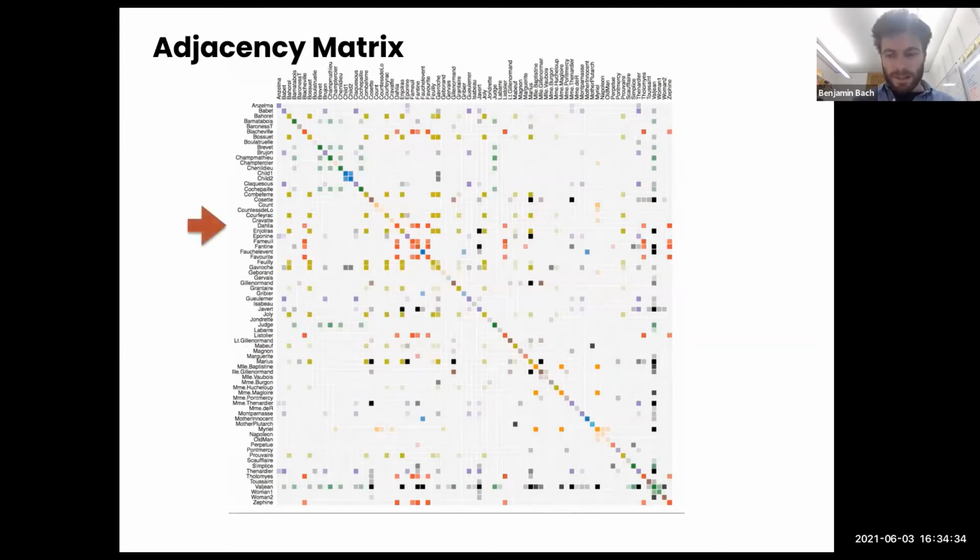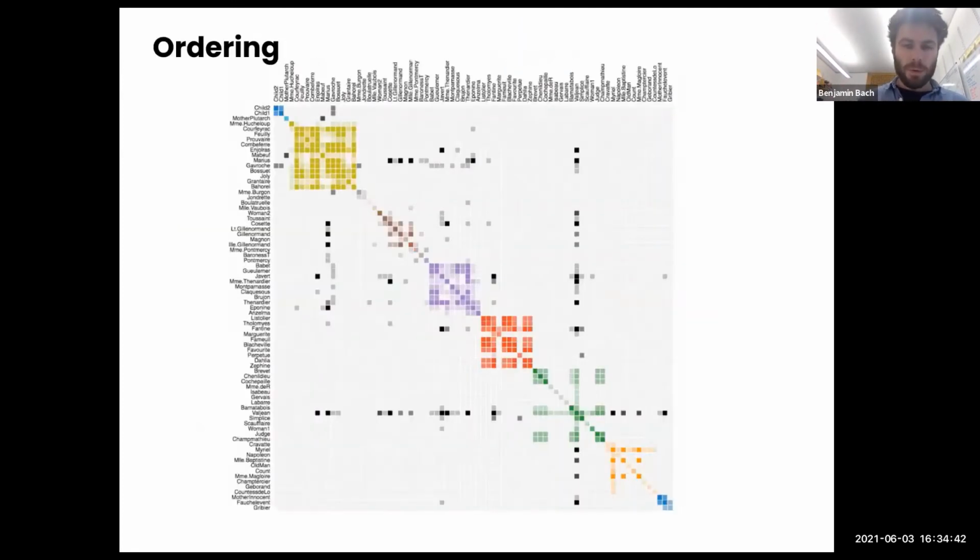And once this is done, so I'm just showing you that these two nodes are connected, which is quite hard to see. But once the matrix is optimized, we end up with something like this. And now you see patterns emerging. You see that there are these blocks coming up. And you see the blocks have different sizes, and they have different, let's say, opacities.